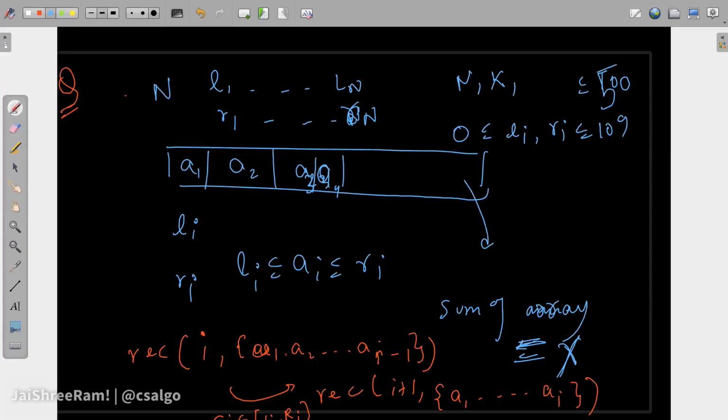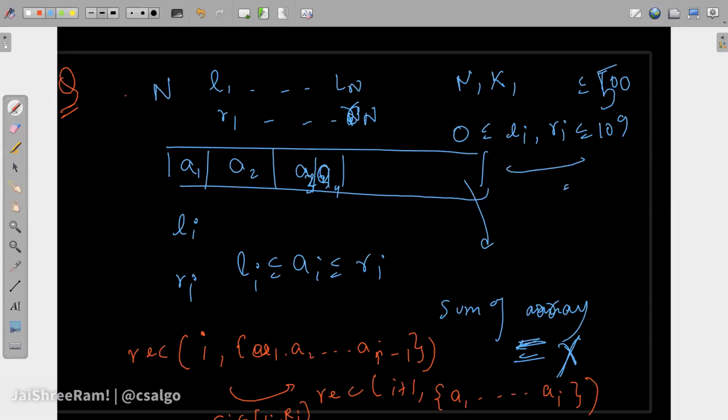Yeah, you can do that. Also, the sum left would always be less than or equal to 500. In fact, you don't even need to change the recurrence at all. Just don't consider anything more than 500.